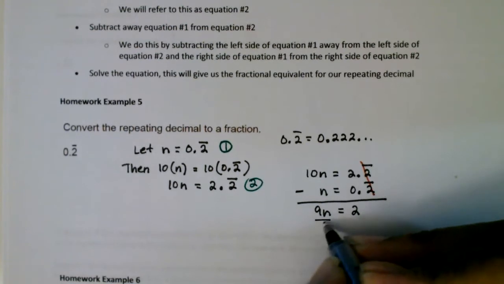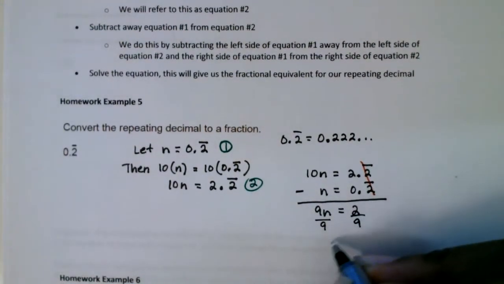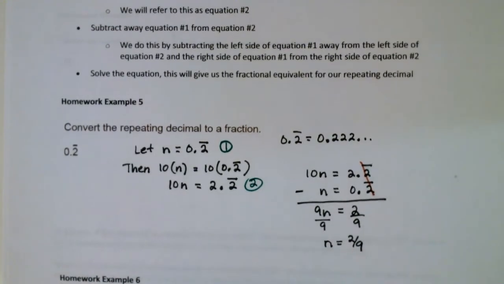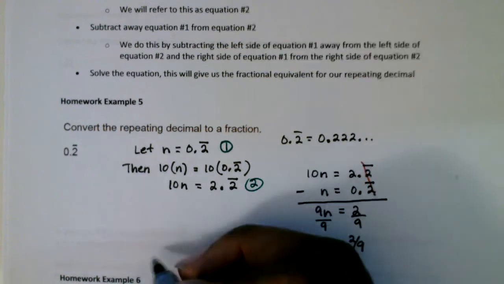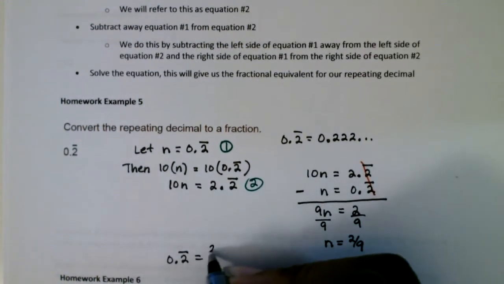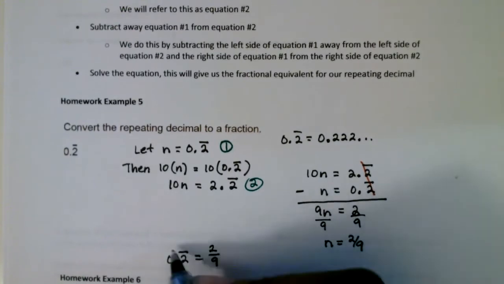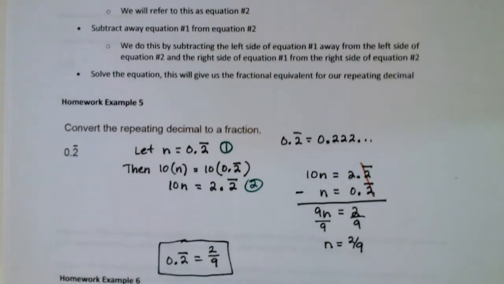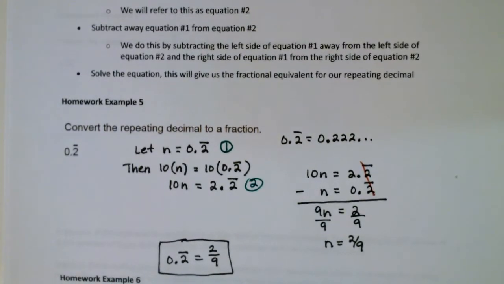And then to solve for n, we divide both sides by 9. So n will be equal to 2/9. Okay, so that means in this case here, the 0.2 repeating as a fraction will be 2/9. Okay, all right, so that's how we convert from a repeating decimal to a fraction.